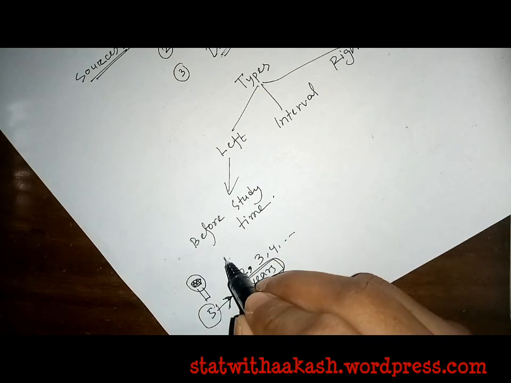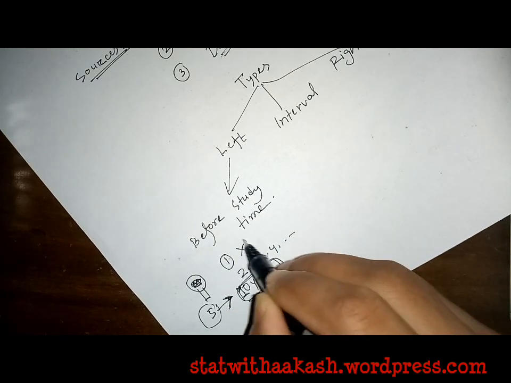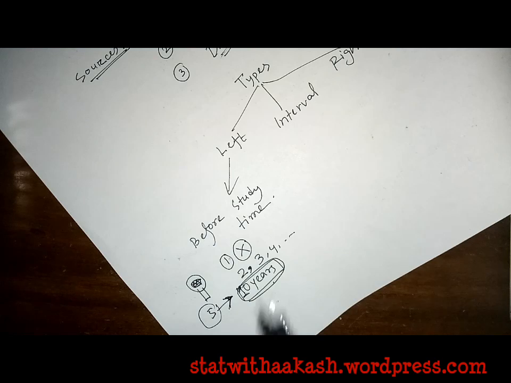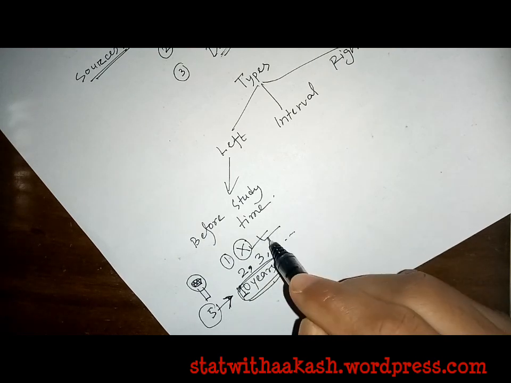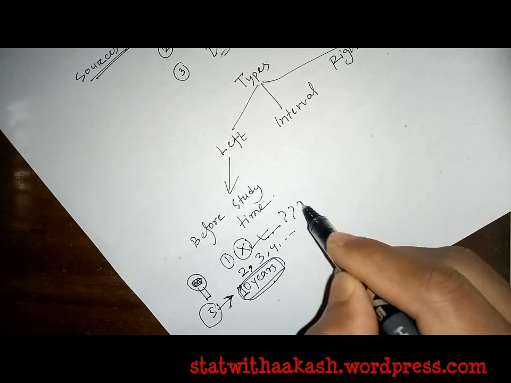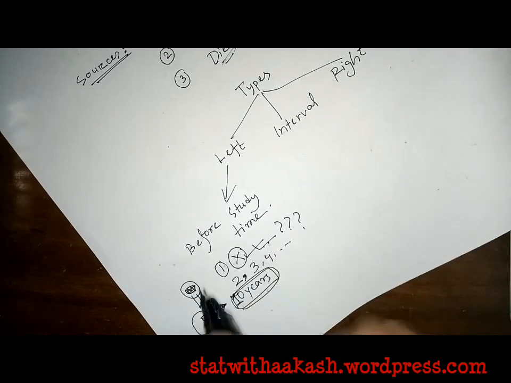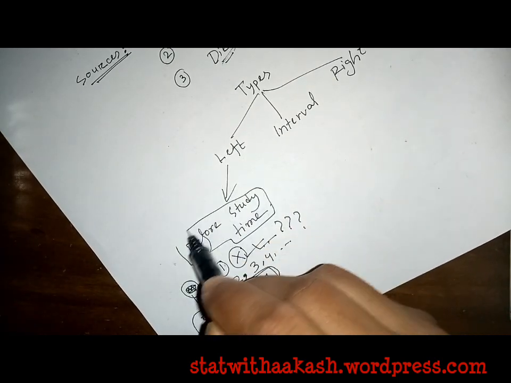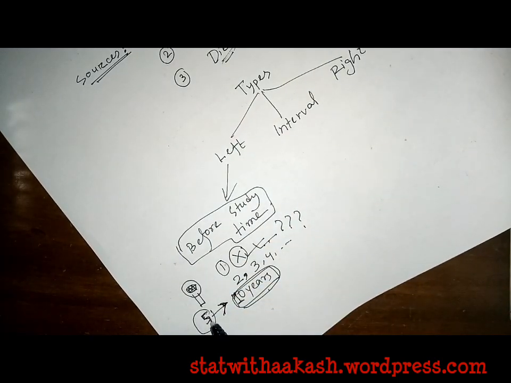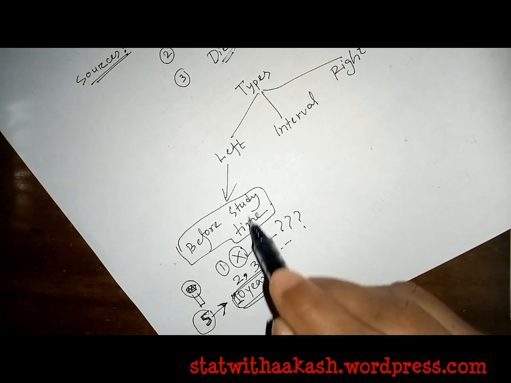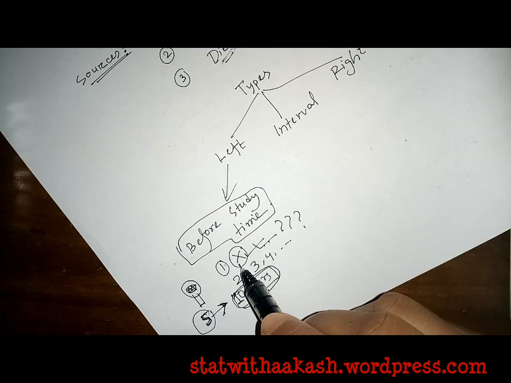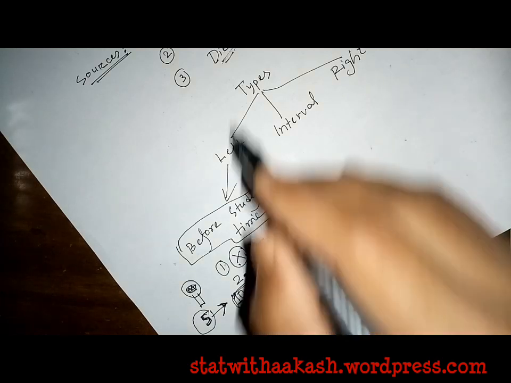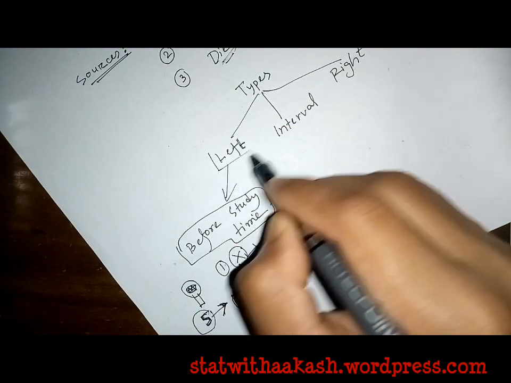After returning home, you found that one bulb is not working. So for this bulb you don't know the exact lifetime. Before your study time started, because you have just returned home and haven't switched them on yet, the bulb is broken or not working. So this type of censoring is termed left censoring.